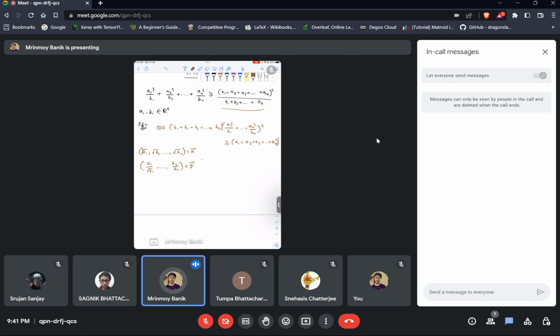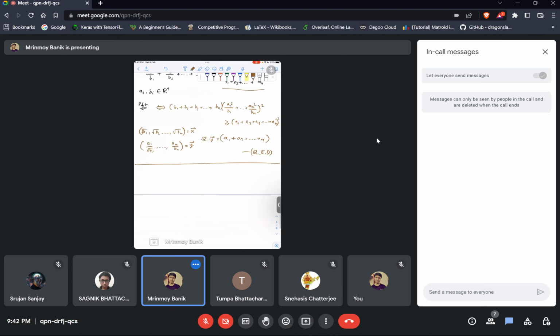And the rest is, you can see the dot product is, the square root of bi's cancel out, you get a1 plus a2 up till an. So we are done. So that was it, Titu's inequality.